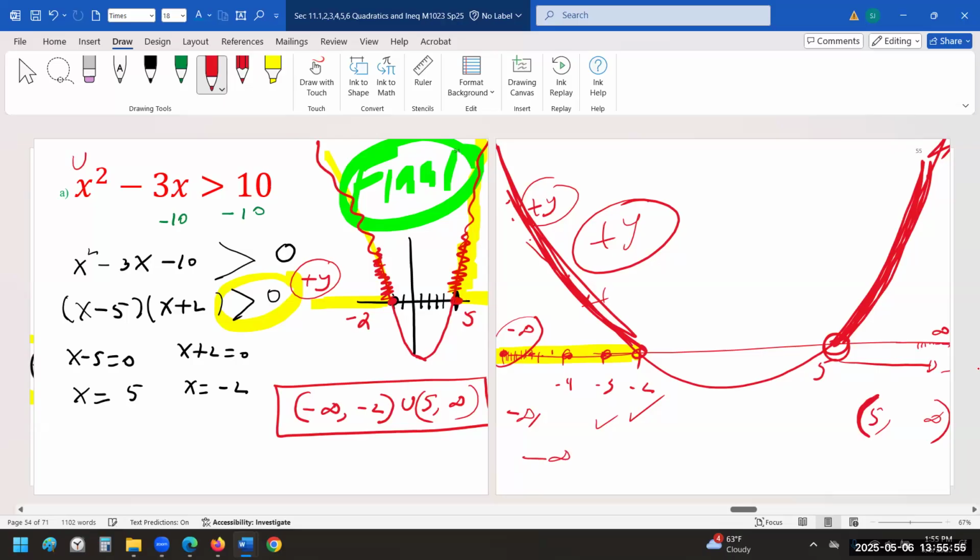Same thing here. You have negative infinity to negative 2. Both of them are parentheses. What is the smallest x that makes the y positive? It's negative infinity. Until which x value? x is negative 2.